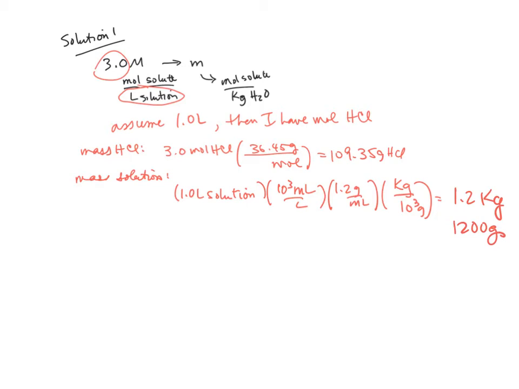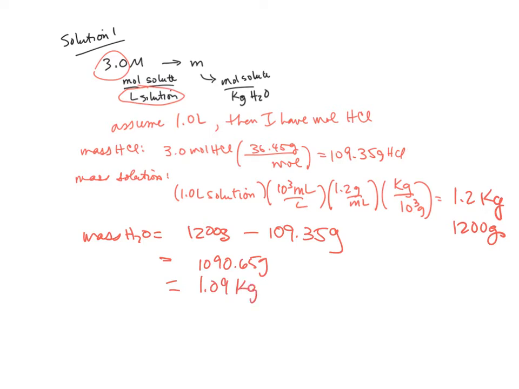So if you know the mass of the solution and the mass of HCl, you can get the mass of water. 1,200 grams minus 109.35 grams. And that is equal to 1090.65 grams, which is about 1.09 kilograms of water.